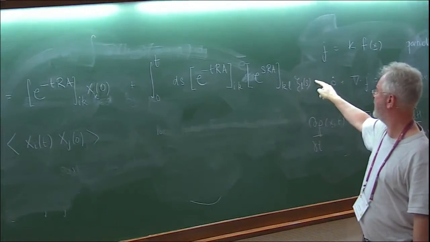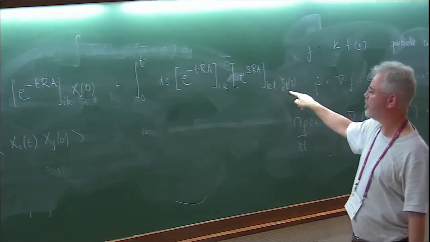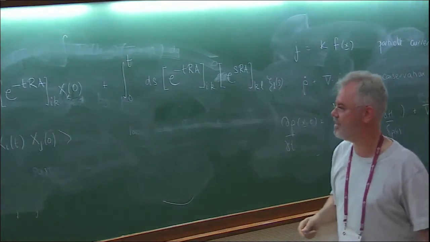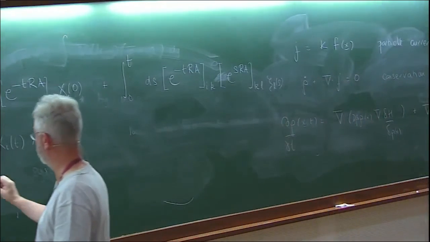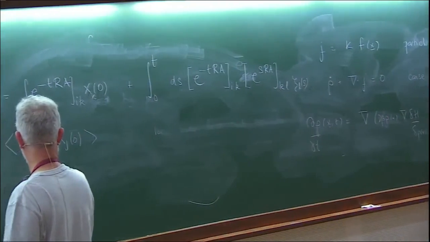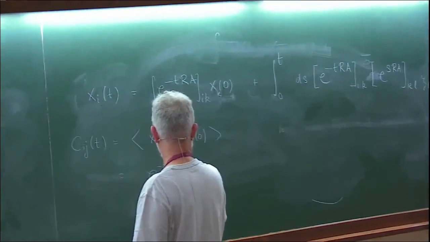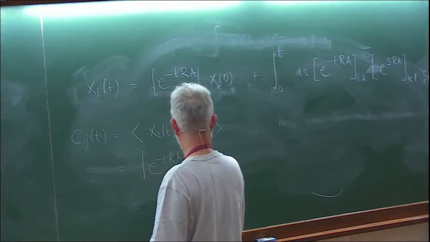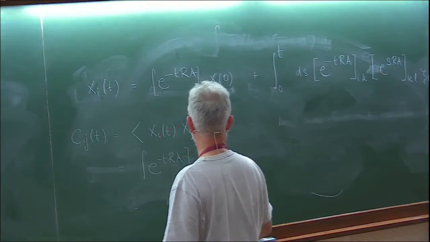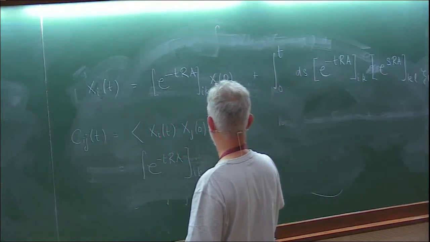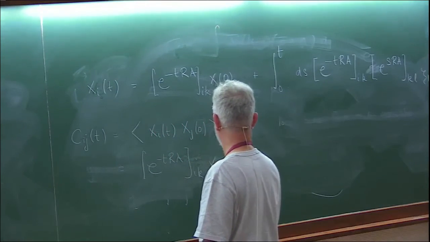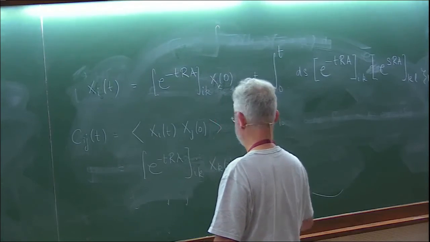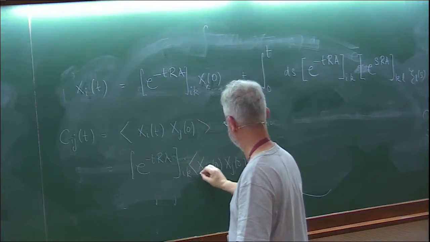The only term that I'm going to get is e^(-tA), with indices ik, then x_k(0) x_j(0), which are random variables.